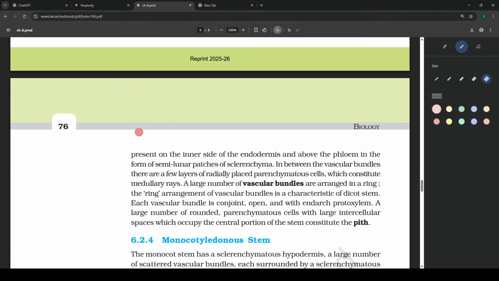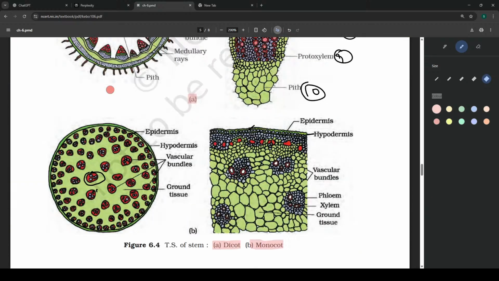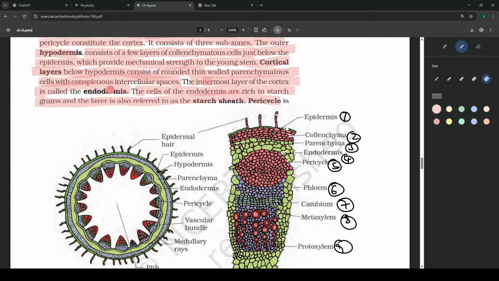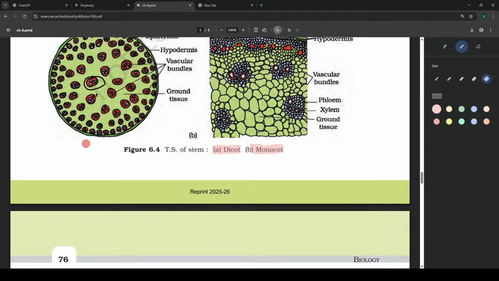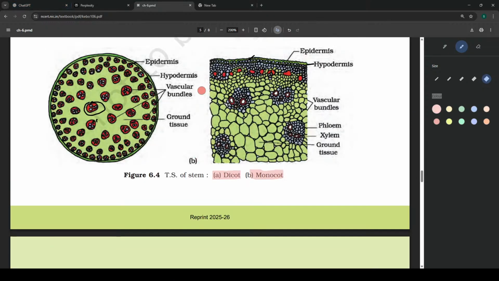Pericycle is present on the inner side of the endodermis and above the phloem in the form of semilunar patches of sclerenchyma. They're saying that pericycle is present on the inner side of the endodermis, similar to roots.